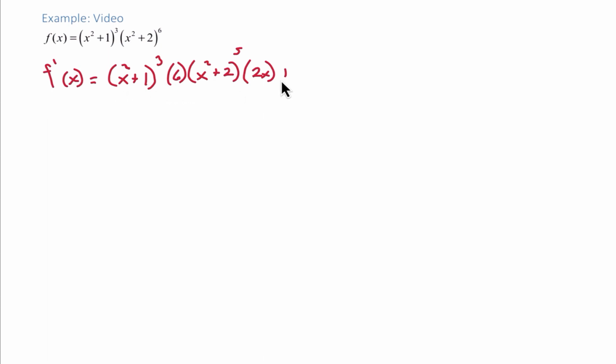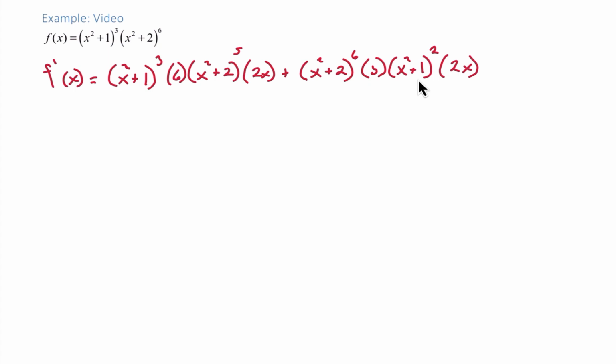Now we have plus the second. Copy that second function. And now we want to take the derivative of the first. So first thing we do is bring down the exponent, copy the inside, subtract 1 from the power. But notice that this is a composite function, so chain rule. We need to multiply by the derivative of the inside, which is 2x.